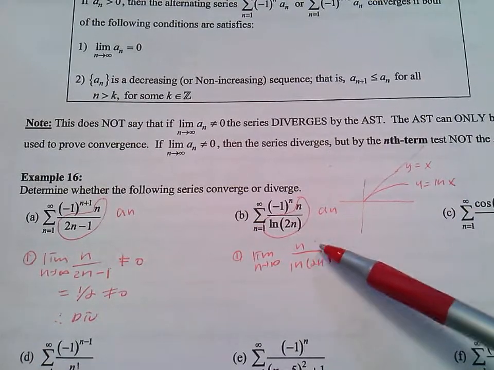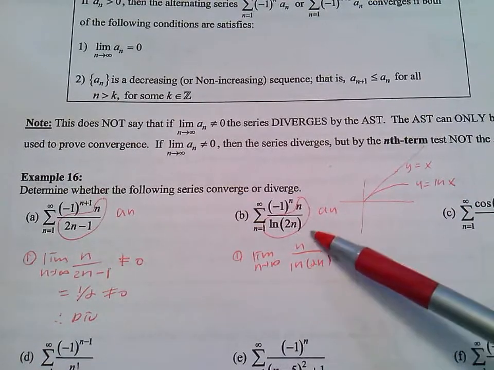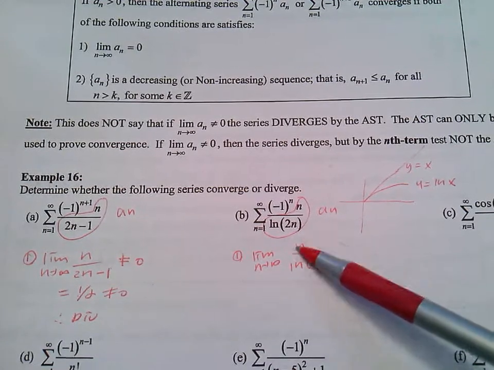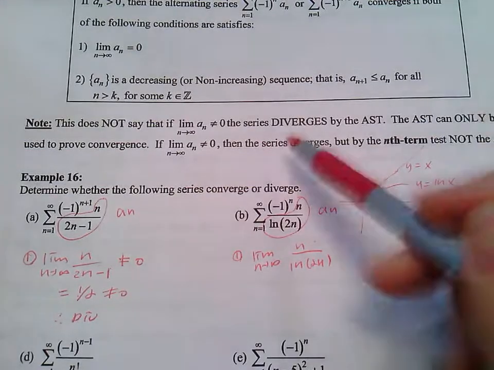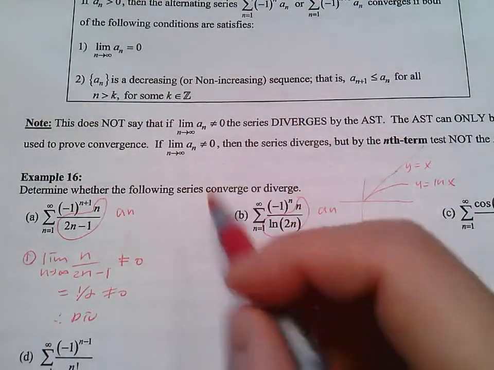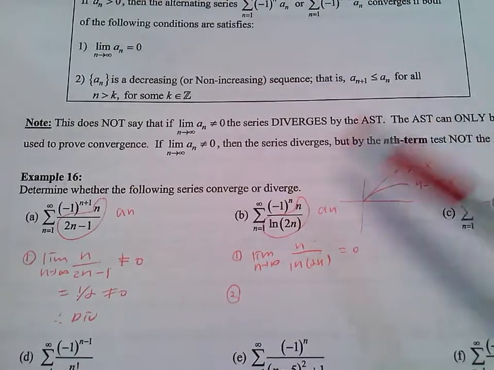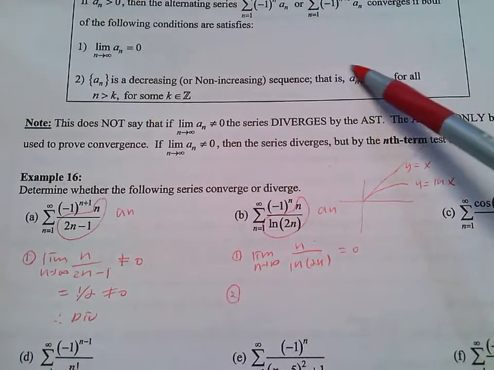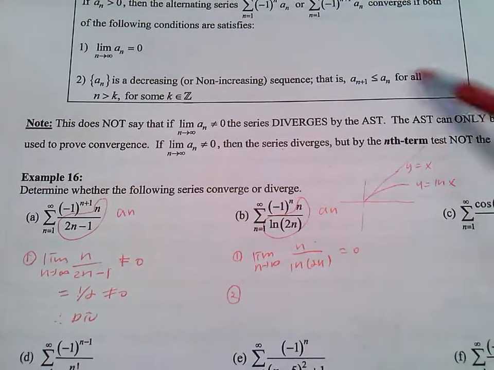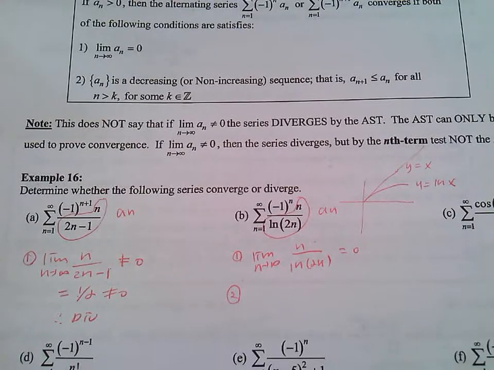That means when you compare the numerator and denominator of x over ln of 2x, the numerator x is increasing faster than the denominator, so this one approaches 0. So number one is satisfied. Now number two says the next term should be less than or equal to the previous term. So you choose two consecutive terms to see if a sub n is a decreasing sequence.